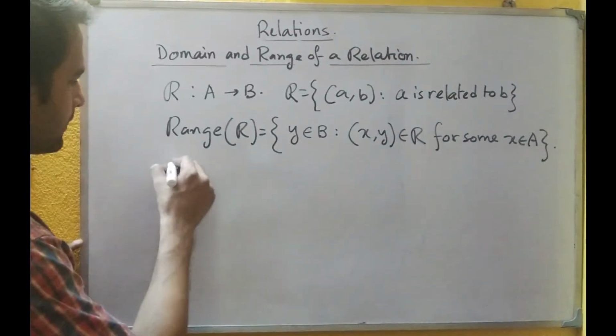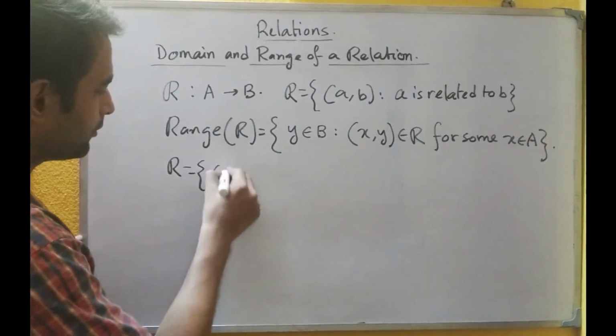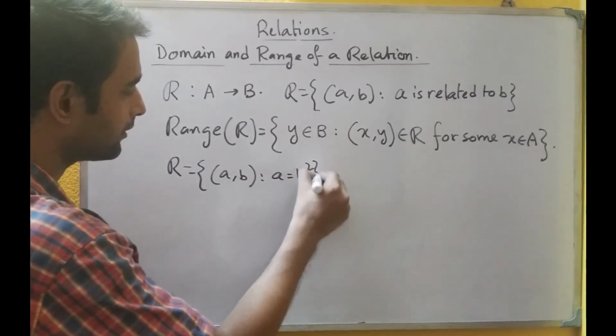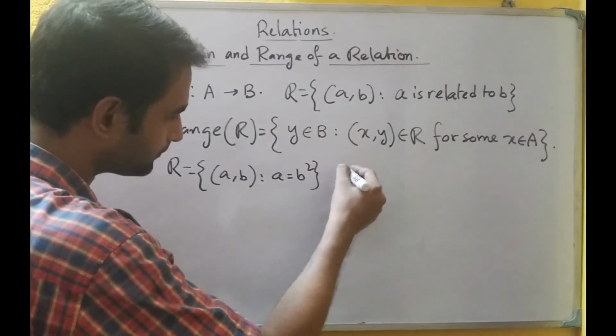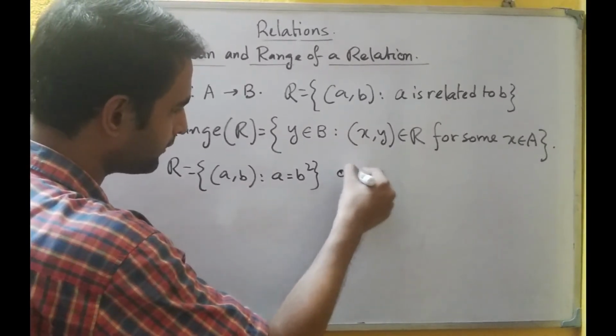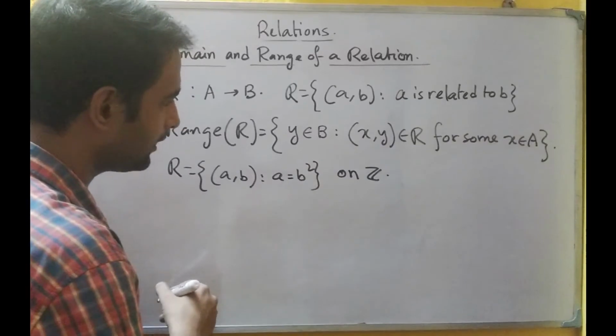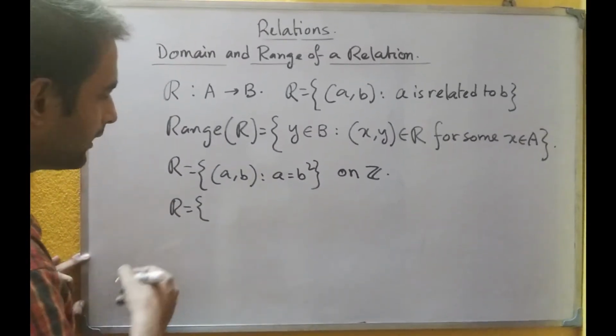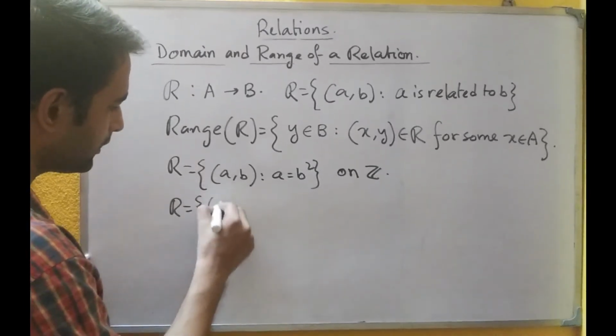So for the previous relation, that is R equals ordered pair ab such that a equals b square, where it is defined on the set Z, let us again write the roster form.